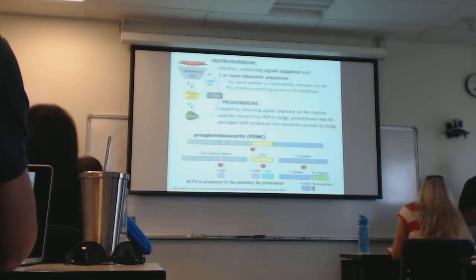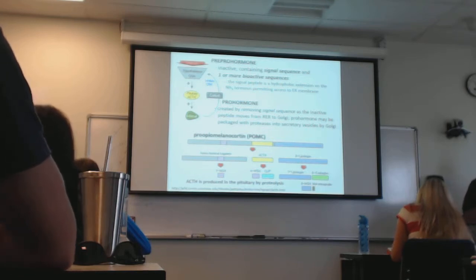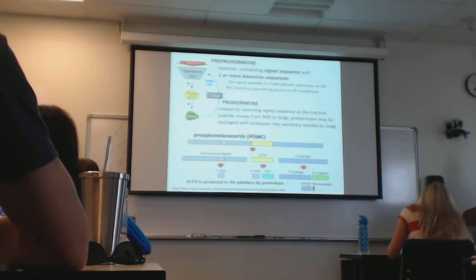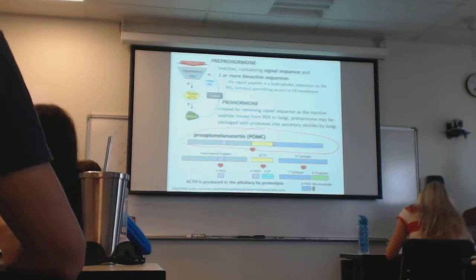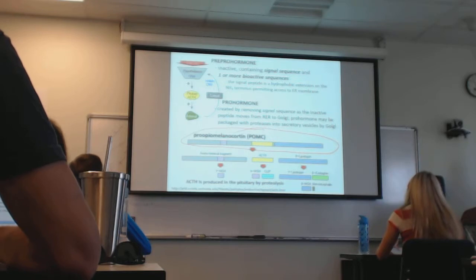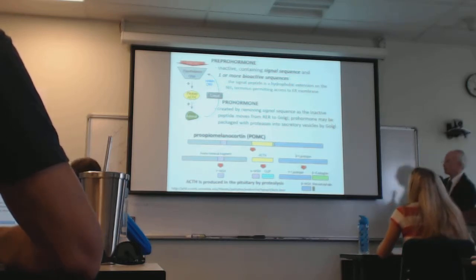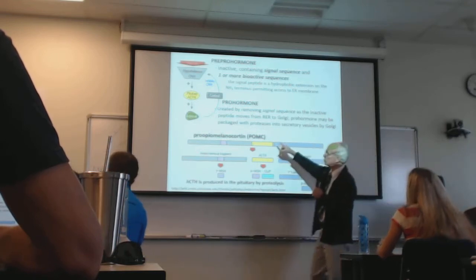Let's look at an example here. This is one that is frequently used to illustrate this process. So here is a pro-hormone called POMC, pro-opiomelanocortin, and the name kind of tells you some of the hormones that are packaged into this precursor.